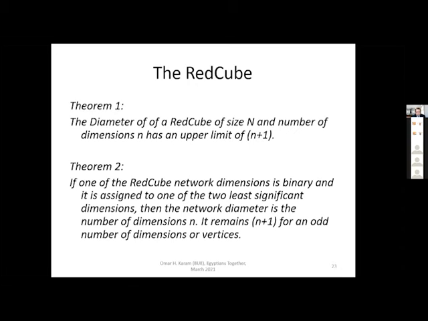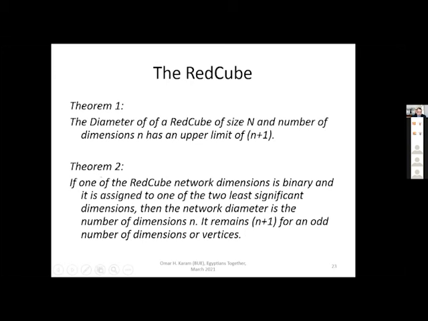The diameter, or the maximum distance, of a red cube with n dimensions has an upper limit of n plus 1. So the point is we've halved the number of links in the graph, but we've maintained the diameter at n plus 1, which is 1 more than what it was.